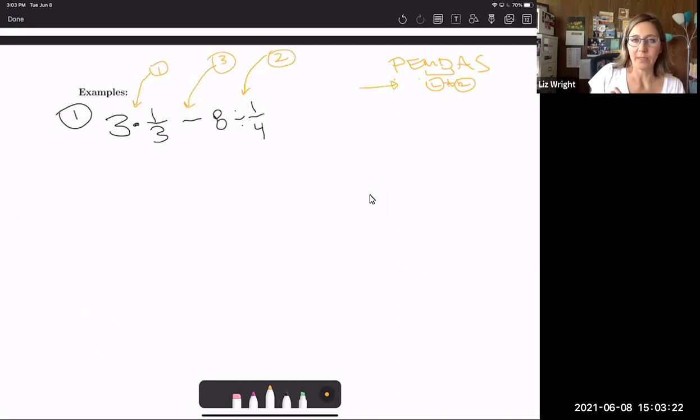So 1/3 of 3, you can either say that's 1, or you can do 3 over 3, which is 1. And then we subtract, and we keep, change, flip. So then we end up getting 1 minus 32, which gives us a negative 31 for our answer.